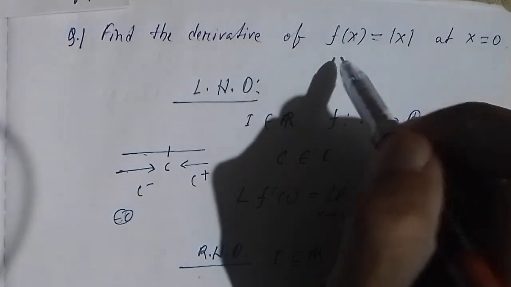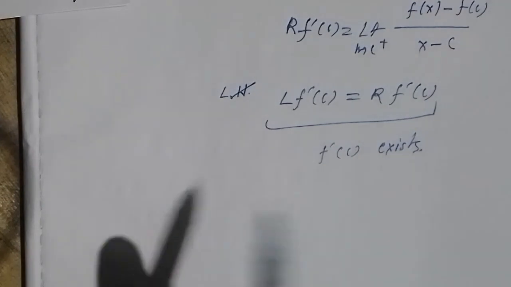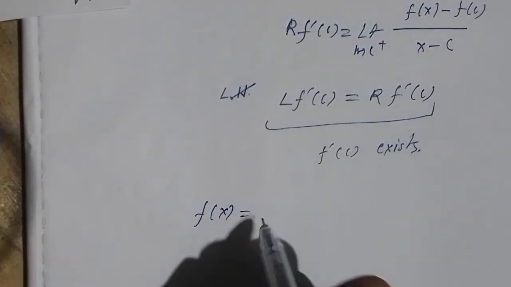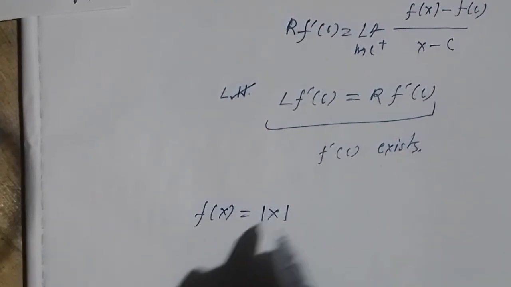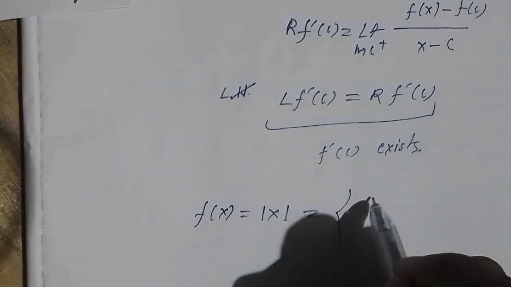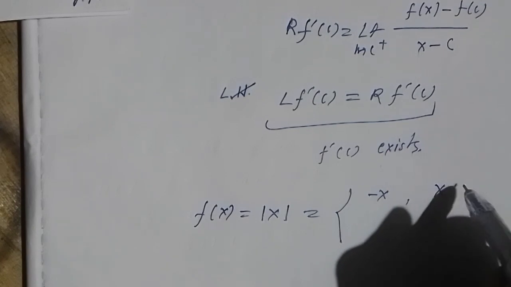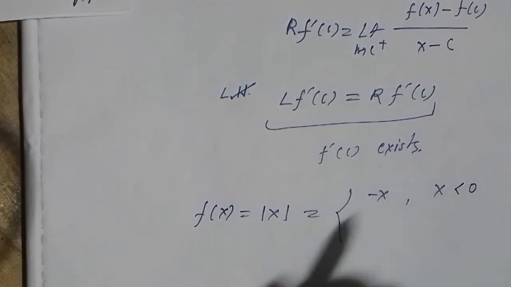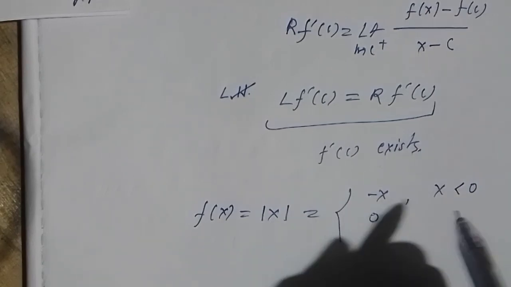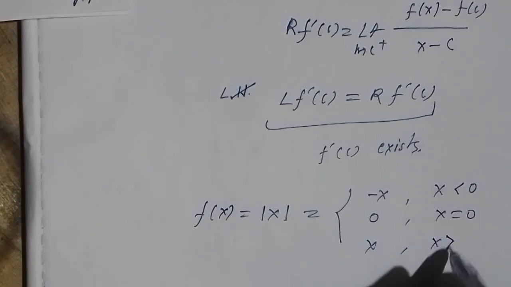Since this is a modulus function, there are three cases of x. Let's write it elaborately: modulus of x equals minus x if x is less than 0, equals 0 if x equals 0, and equals x if x is greater than 0.